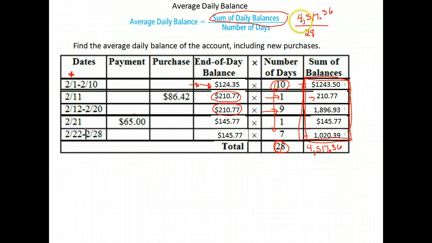So to find our answer, we're going to take $4,517.36 divided by 28. Okay, when we do that, we get $161.33. Okay, so that would be our average daily balance for this account information.